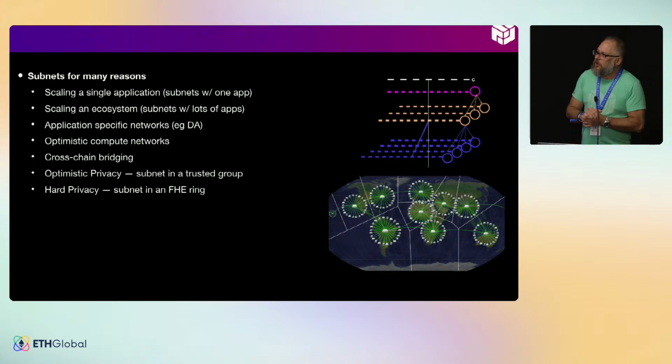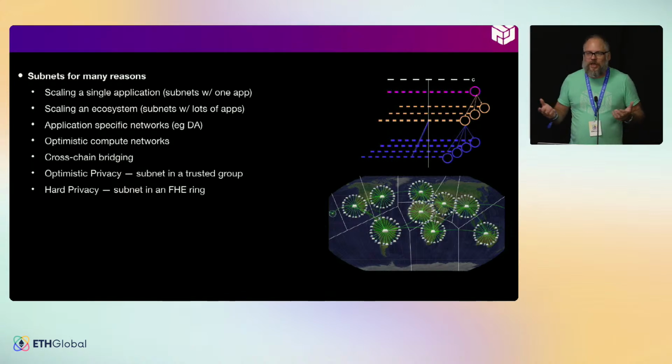Within IPC, you can scale a particular application out to multiple regions or create application-specific subnets, app chains, right? So you might have a particular application that you want to run.